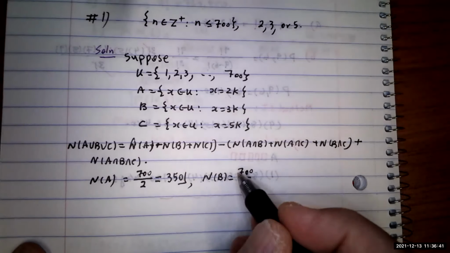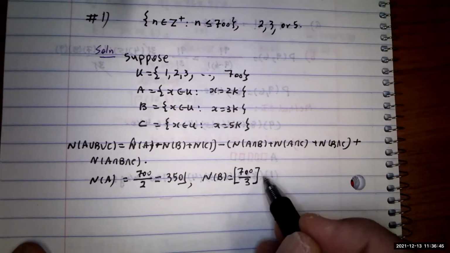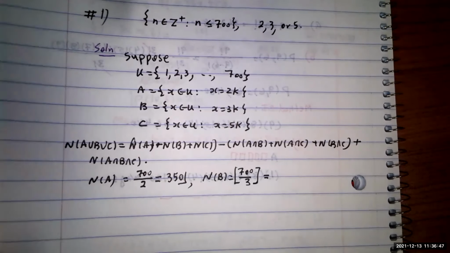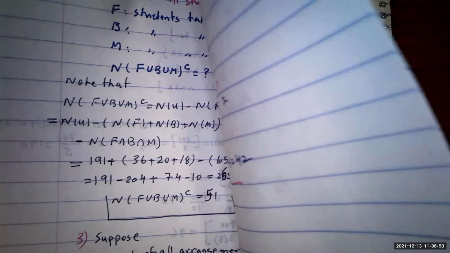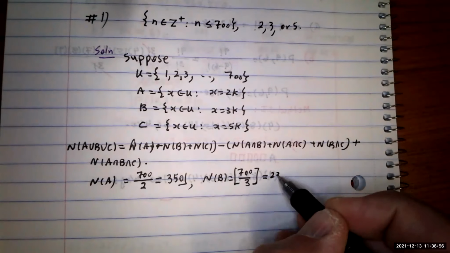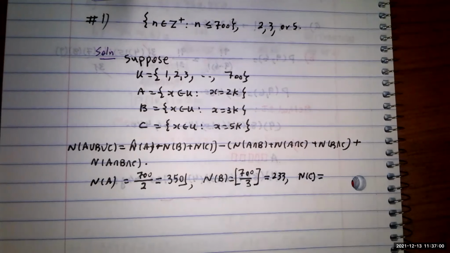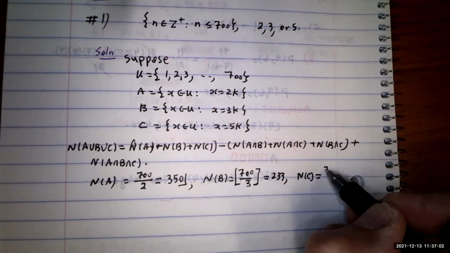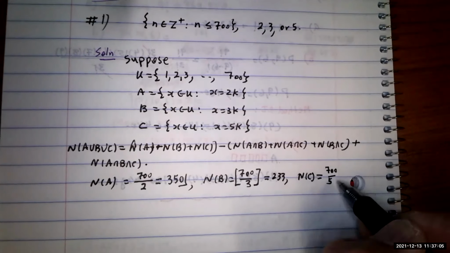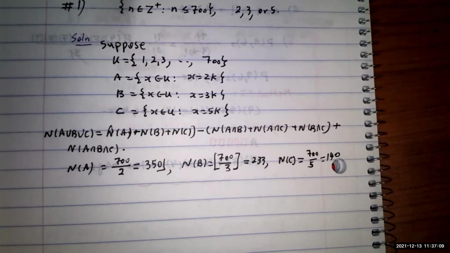Since it's not divisible, you're going to get a bracket and you get the integer part for this number, which is 233. The C you want to be divisible by 5. It is divisible by 5, so you don't need any bracket. That gives 140. Any question?